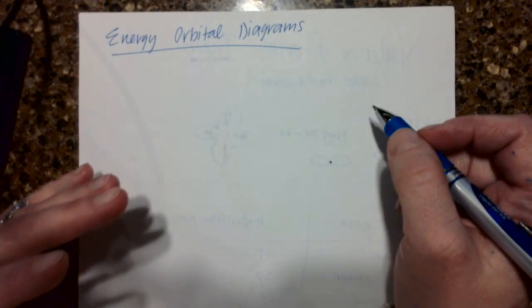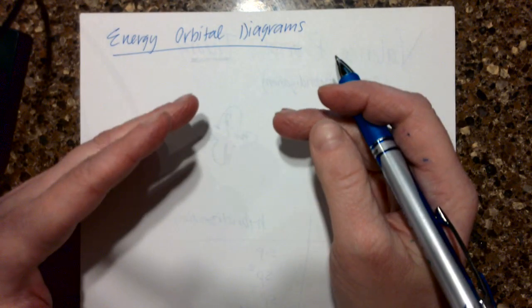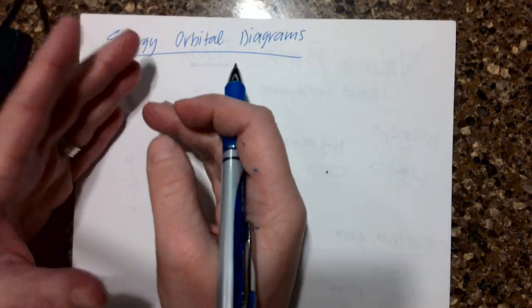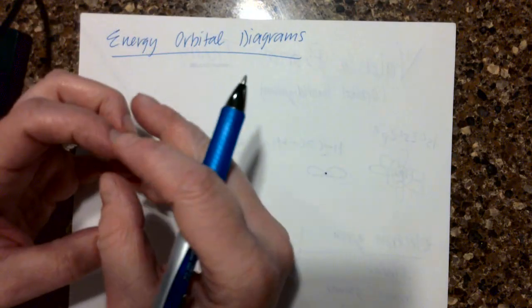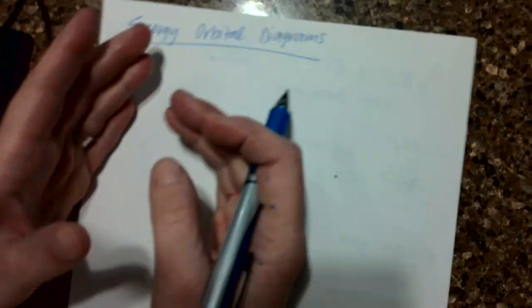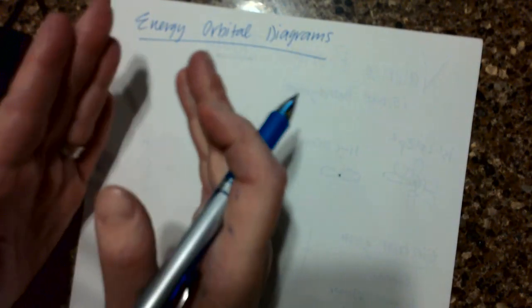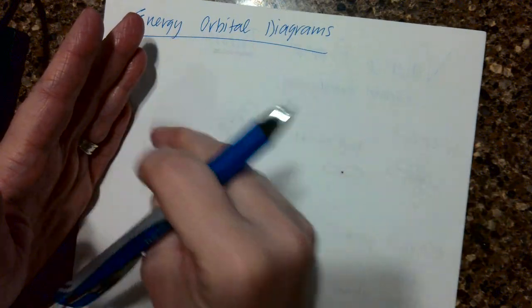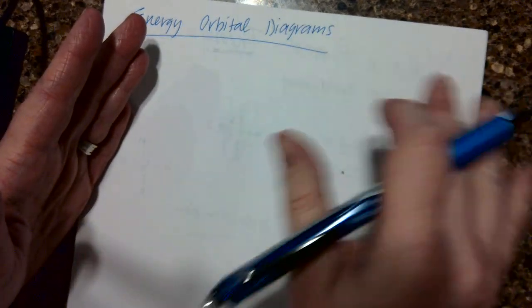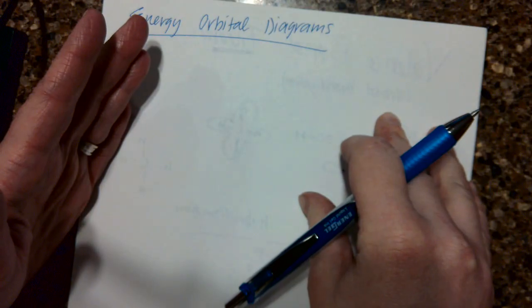When it hybridizes, it has to take those original orbitals and mix them together to make the new hybrids. So it really helps to look at that before picture and pull from it to put into the hybrid, which goes into the new diagram you're going to make.